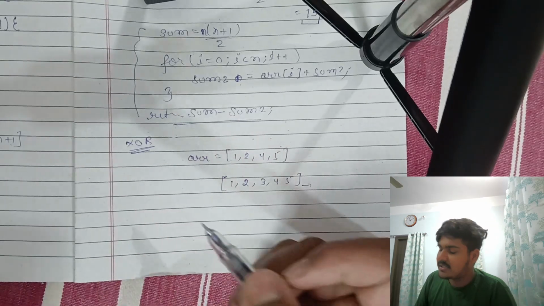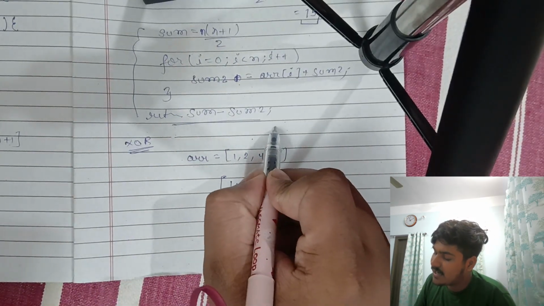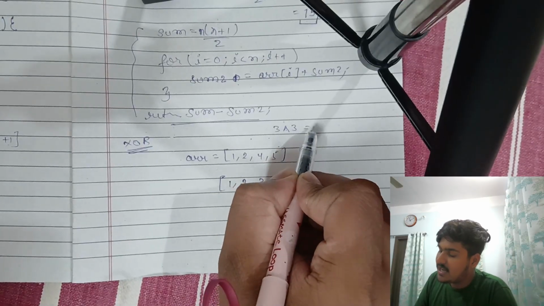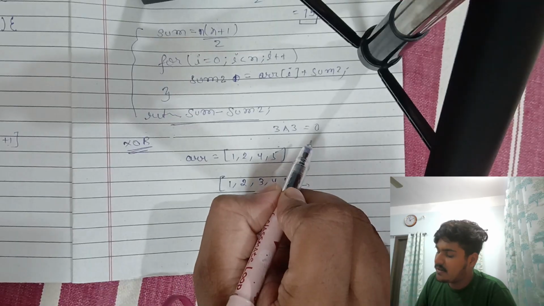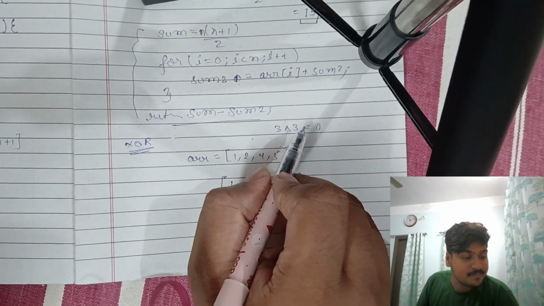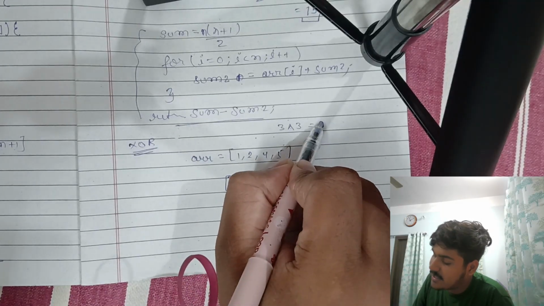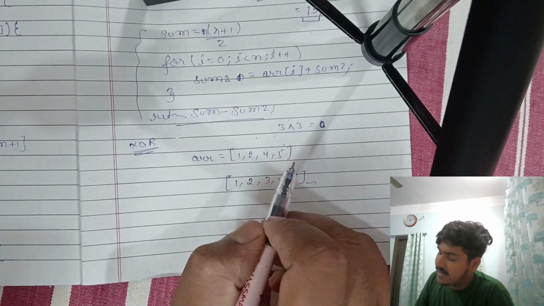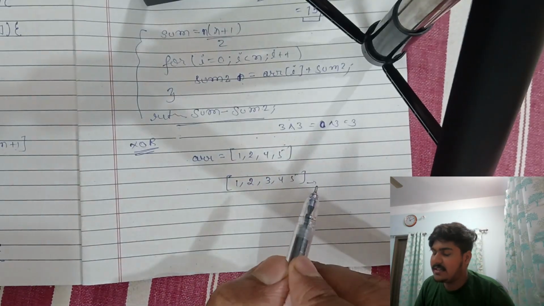But in the XOR operation, we know that if we XOR the same element, like 3 XOR 3, it gives 0. So if we XOR the same element, it gives 0, and if we again do XOR with 3, then it gives us 3.